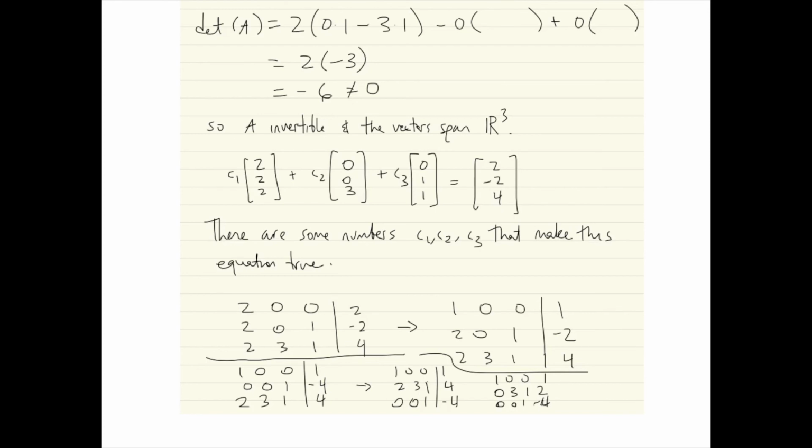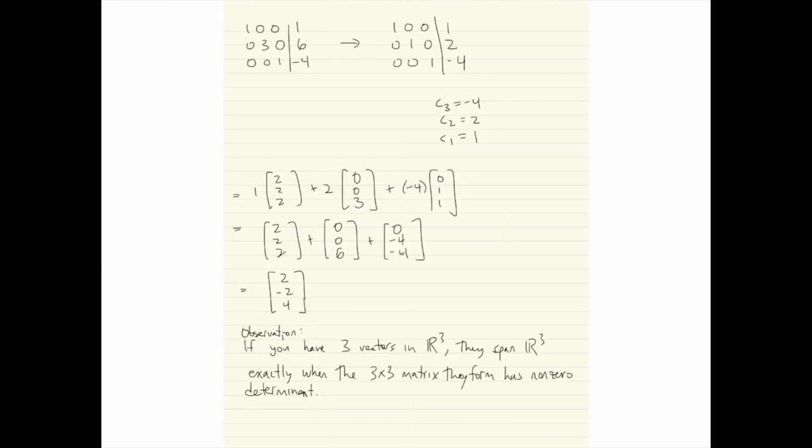And anyway, continuing with the row reduction process, we get this as the reduced row echelon form. And so that means that C1 equals 1, C2 equals 2, and C3 equals -4. And of course, we can just check that. So again, this is for that specific value, b1, b2, b3 equals 2, -2, and 4.